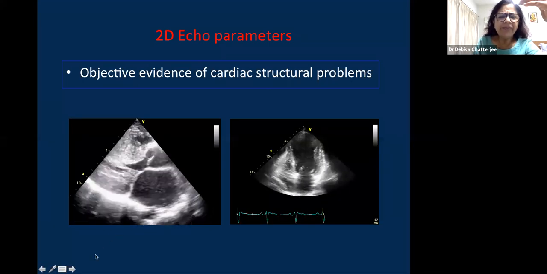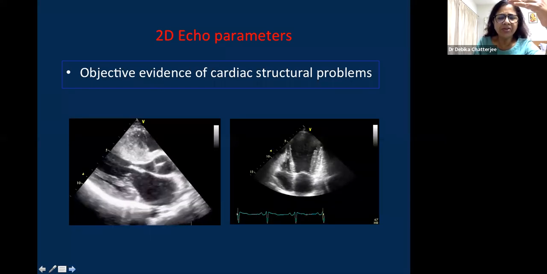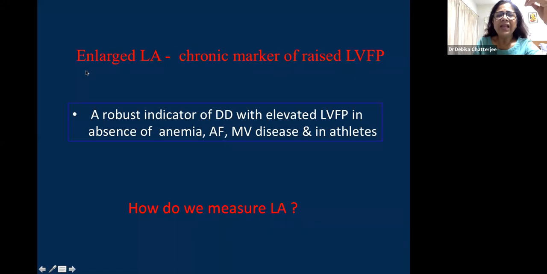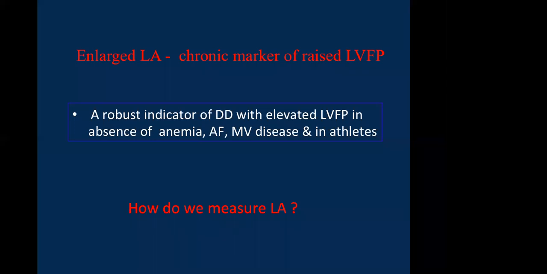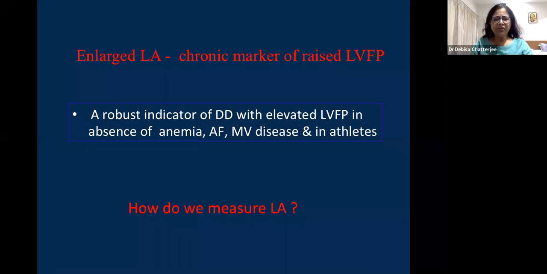Another very important 2D echo parameter for assessing the diastolic dysfunction is enlarged LA. Because as I said, if you look at the pathophysiology of diastolic dysfunction, as a response to the raised LV filling pressure, the LA undergoes enlargement. So it's a sign of chronic marker of LV filling pressure.